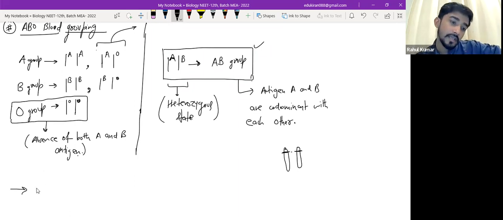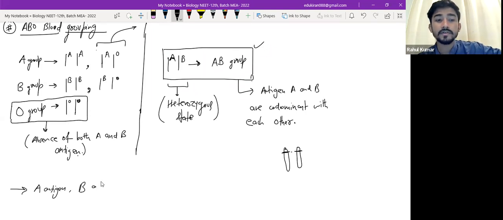The allele for A antigen, the allele for B antigen, and there is one allele which does not give rise to any antigen.